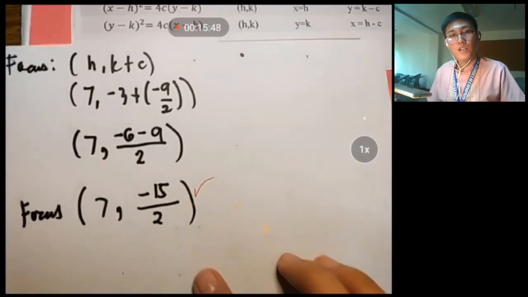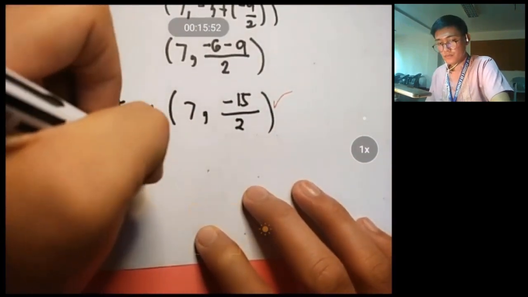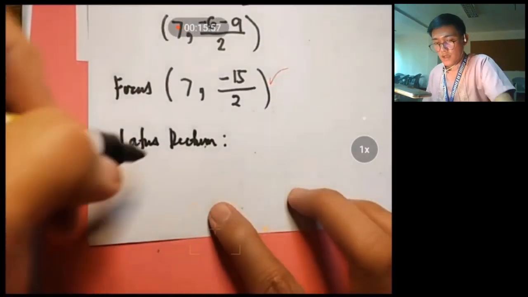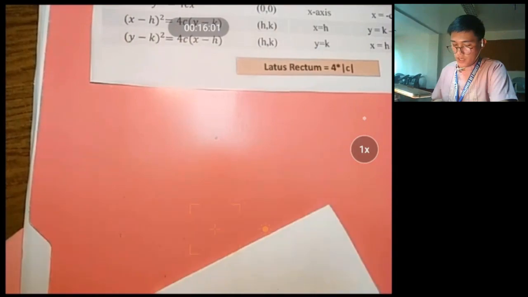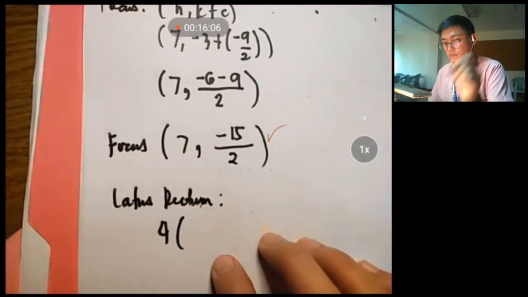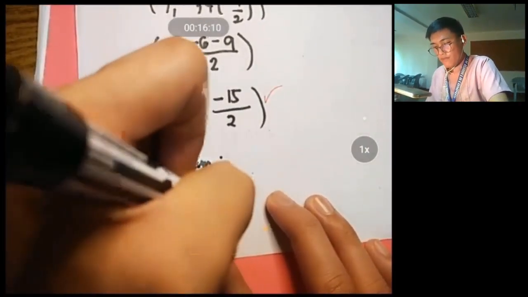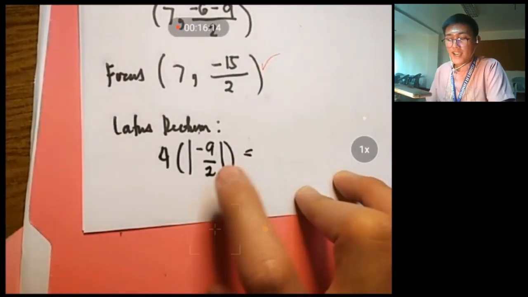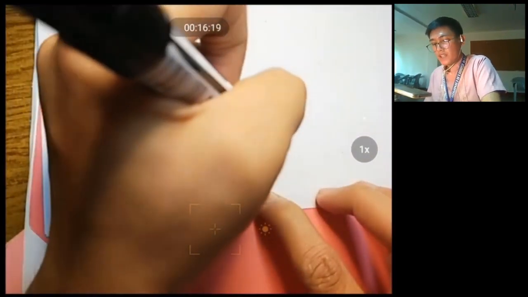For the last time, our latus rectum, it's 4 times the absolute value of C. Let's see again. Our C here is negative 9 half. Absolute value of negative 9 half. Alright. Since we are talking here about absolute value, then this negative 9 half will become positive 9 half.